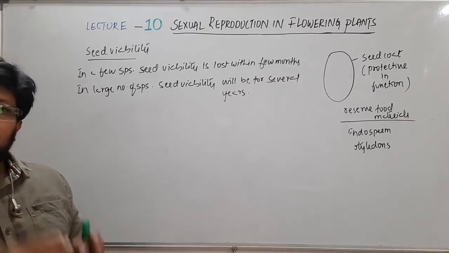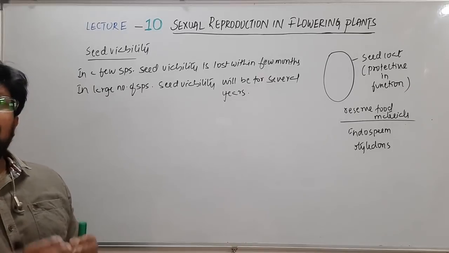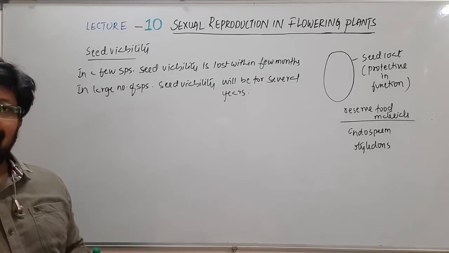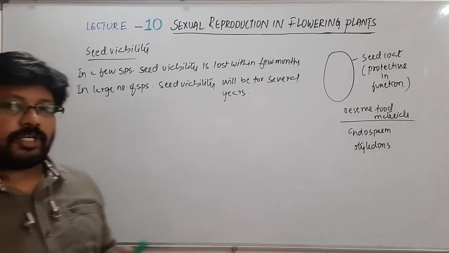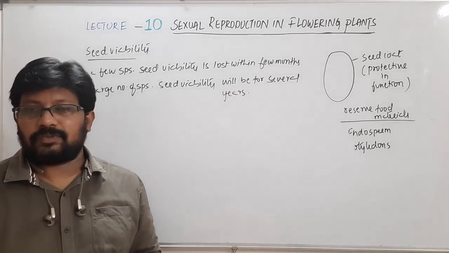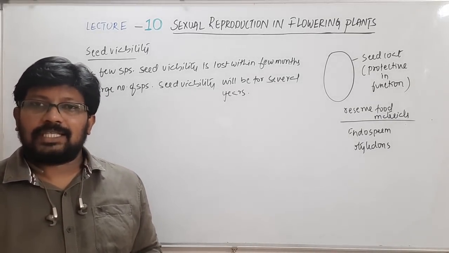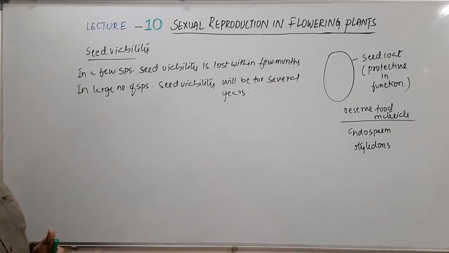They remain in that state, they are not dead, they are active, and if you use those seeds you can produce young seedlings from them. In that case, I say that those seeds have a longer period of seed viability.